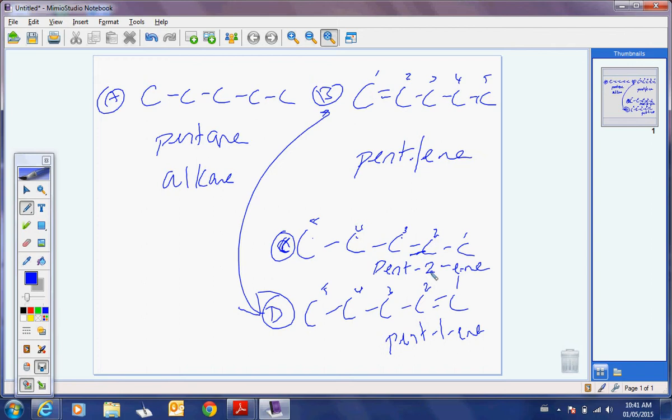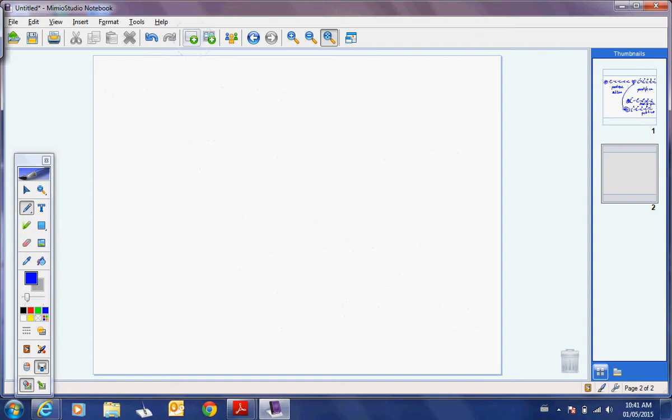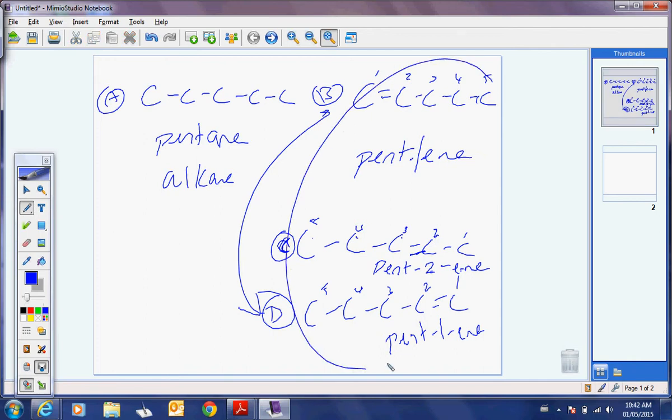They have the same molecular formula, different structural formula. Pentane, in its molecular formula, has 2 extra hydrogens. Therefore, the alkenes on the board at the same time are isomers of each other, but the alkane is not. And because two of those are the same, you actually have 2 isomers on the board.